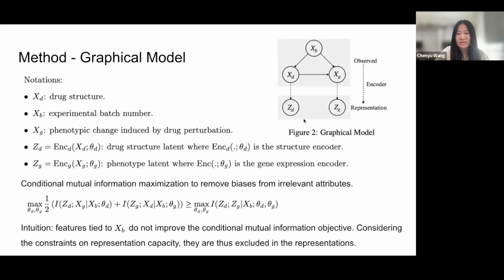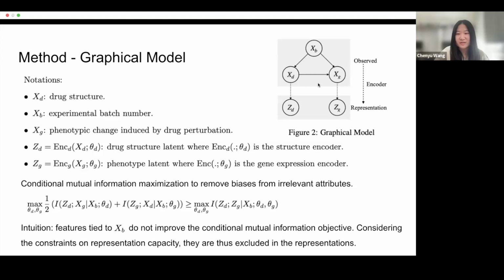And we can model this with this graphical model. So there are 3 observed variables and 2 latent representations. For the 3 observed variables, XD represents the drug structure. XG is the phenotypic change induced by drug perturbation, including gene expression or cell imaging.